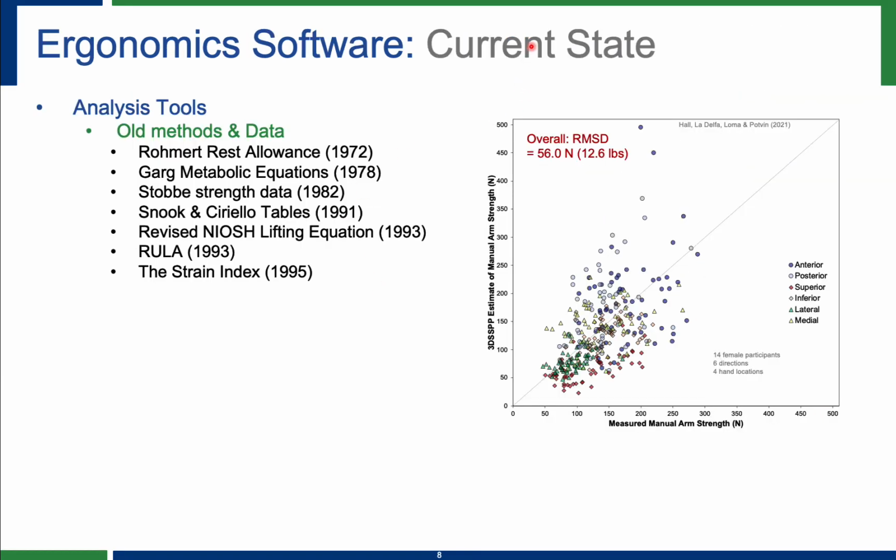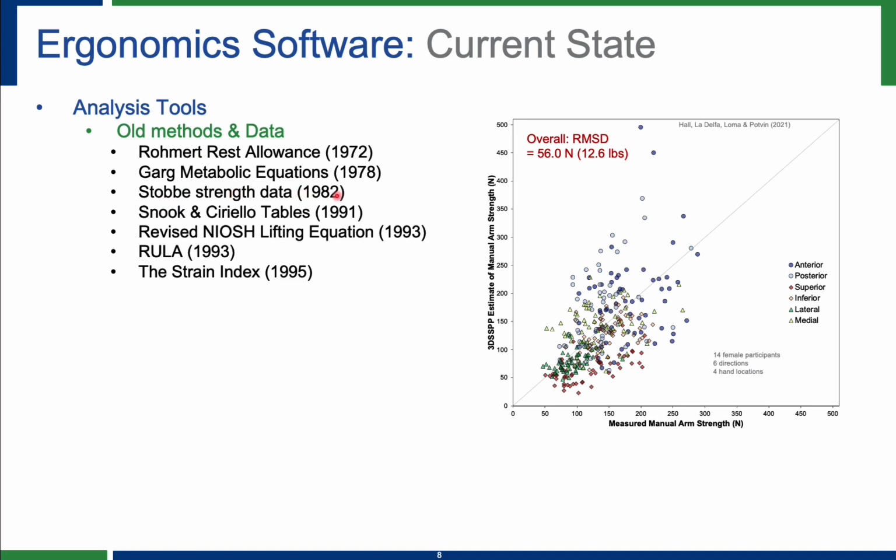So when we look at the current state of ergo analyses, we'll see that some of the methods will use very old tools. Some of the very prominent methods that you may use will use things like the Rohmert equation from 72, the Garg metabolic equations from 78. Still a lot of them use Stobbe strength data from 82.